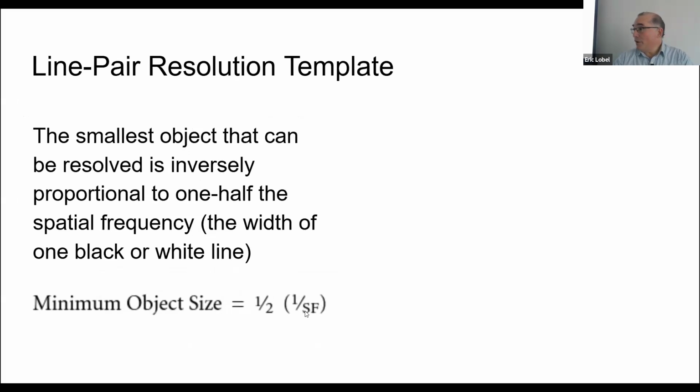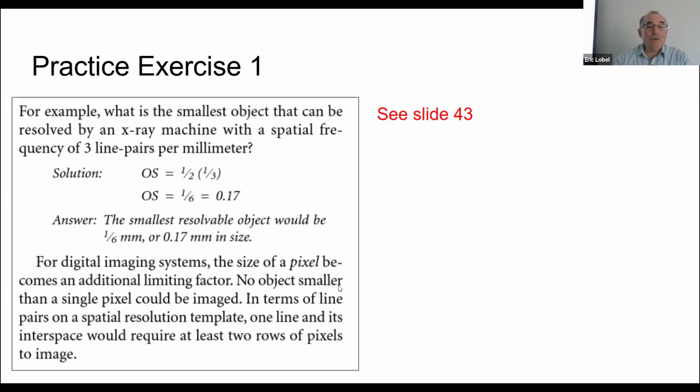That's this SF right here. All right. So it's not too hard, right? We go 1 times 1 is 1, 2 times 3 is 6. Do the division. And what is the answer? The smallest object that can be resolved is going to be, I mean, you could have left it as a sixth of a millimeter, but it's probably better to look at it in terms of decimals. So it was converted to 0.17. So that's almost 0.2 millimeters.